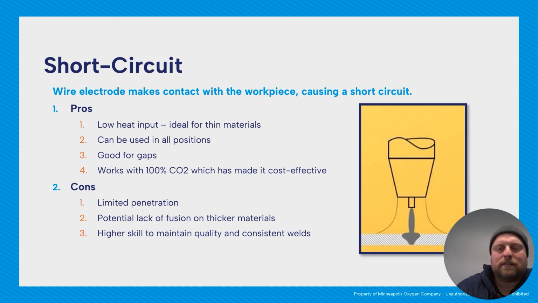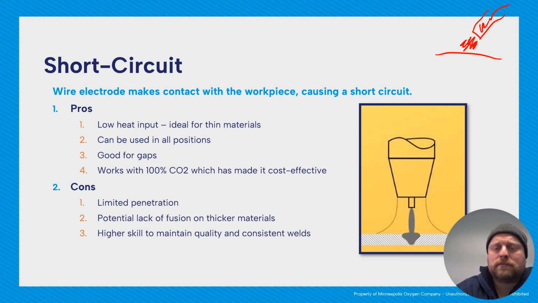We can think about it a bit differently. I'm going to do a great drawing up here. If we have our stick electrode, we know that we establish an arc, and then we have this gap where our arc is. That's where the heat goes up, melts the filler and the base material, and creates your weld.